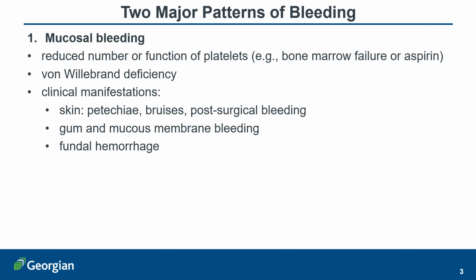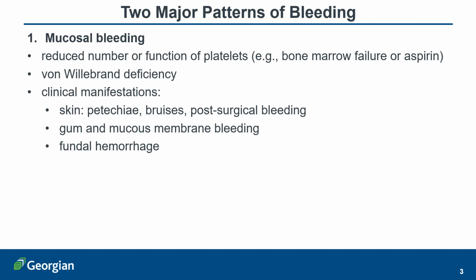How might thrombocytopenia develop? For example, bone marrow failure might result in thrombocytopenia, or as mentioned, various drugs such as aspirin can reduce the functioning of the platelets themselves. The von Willebrand factor deficiency can also lead to mucosal bleeding, but we're not going to look at that in detail. But what we will examine is what exactly occurs when you have thrombocytopenia.